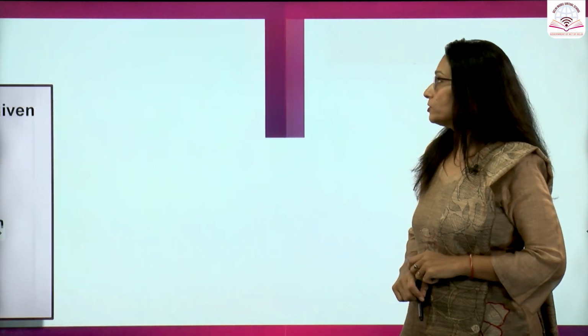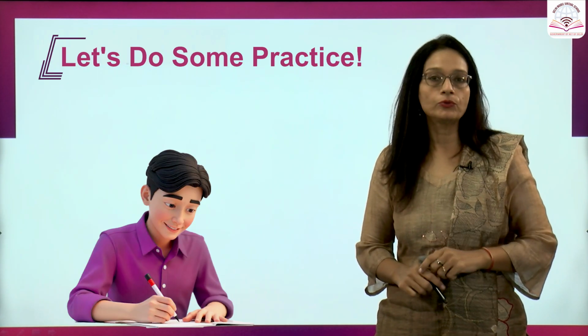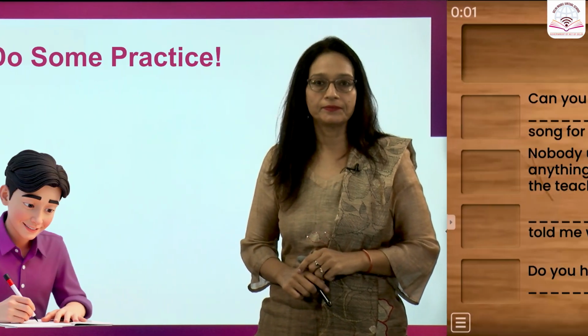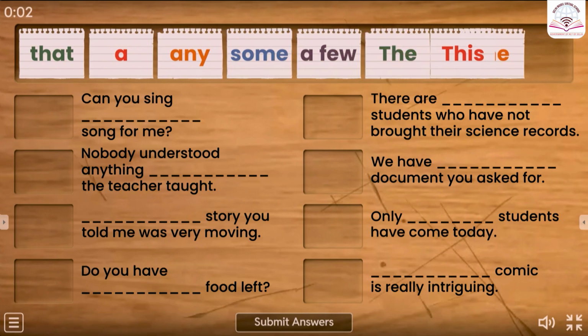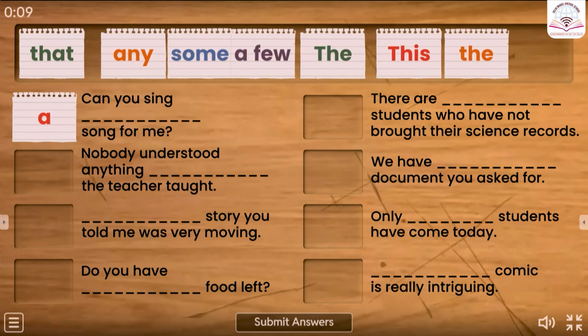Now let us do another activity which will help us understand how to use the determiners correctly. We have some sentences and there are some options that you can see on the top. So our first sentence is, can you sing dash song for me? I would pick a and place it here.